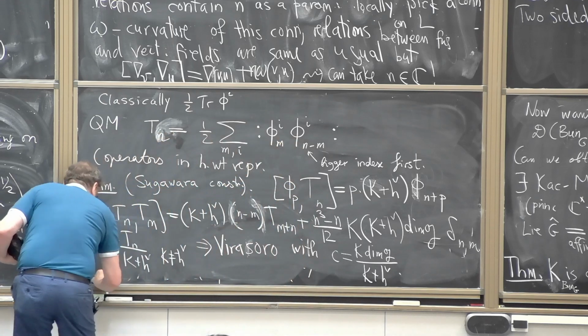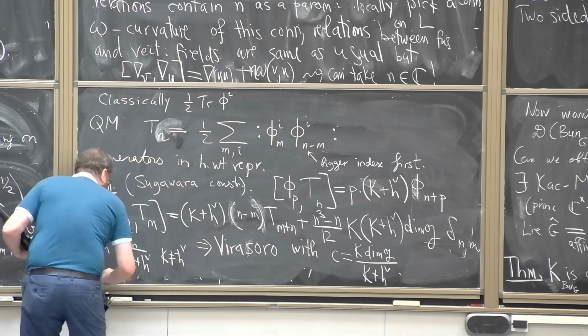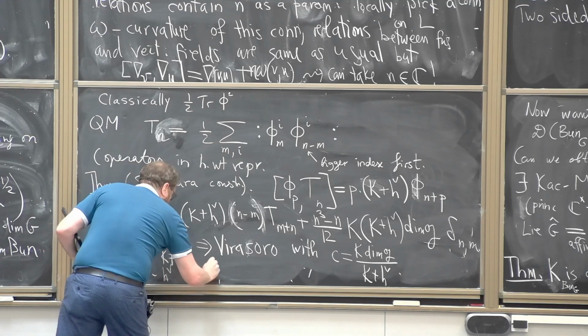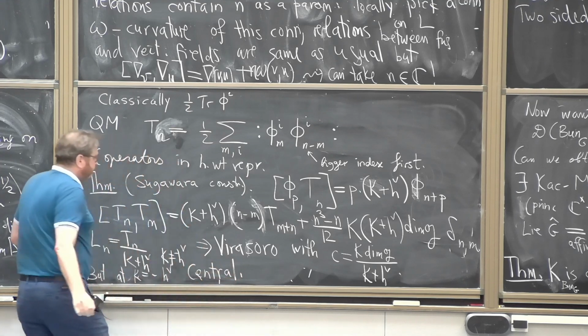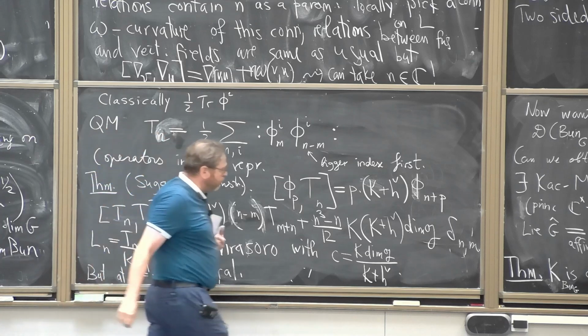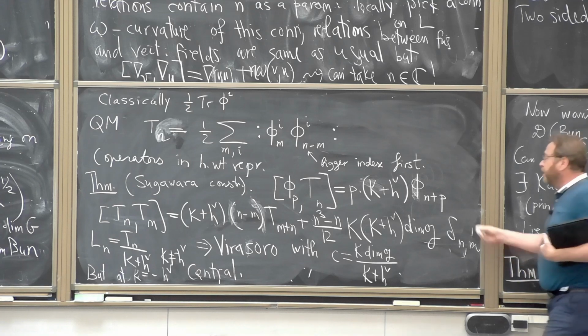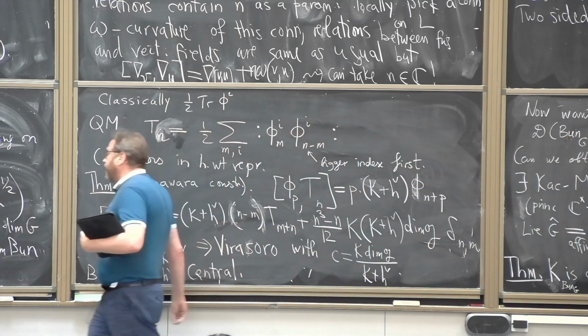But at k equals to minus h check, this is central. And then there are these higher operators with cubic and higher, which come from higher central elements and which were constructed by Feigin and Frenkel.